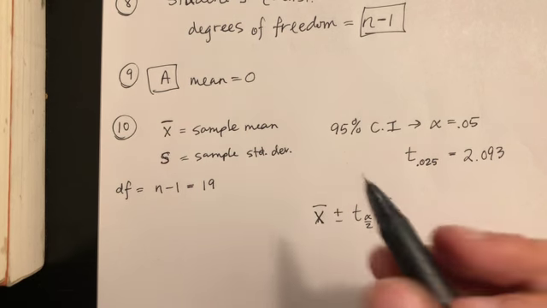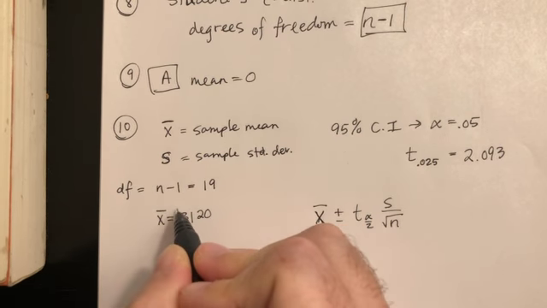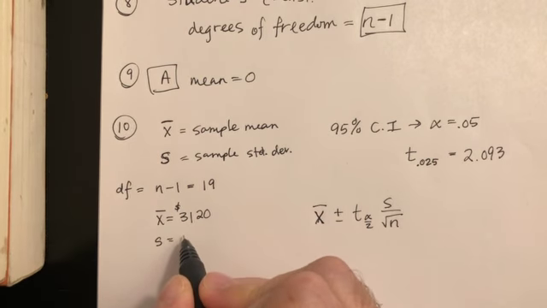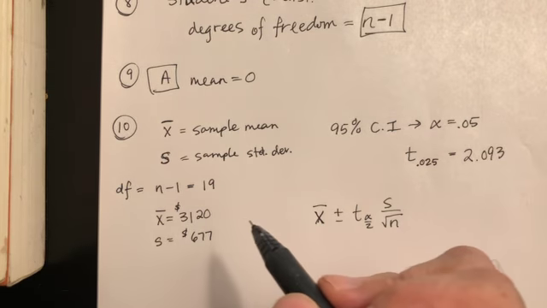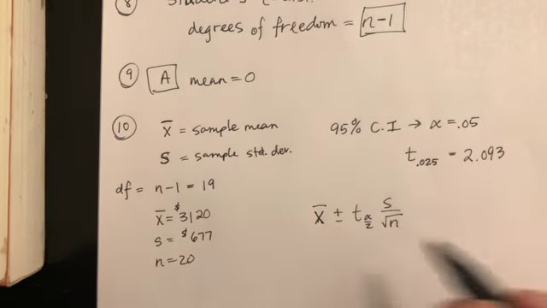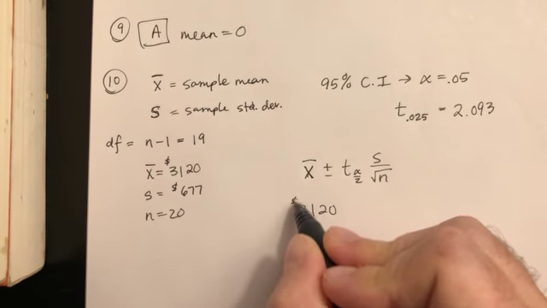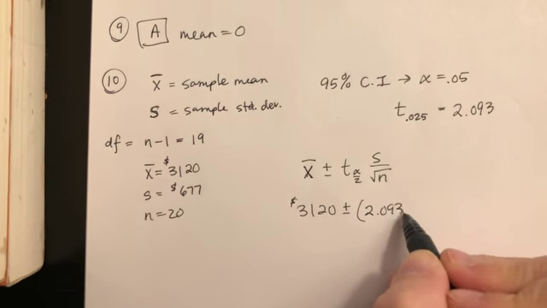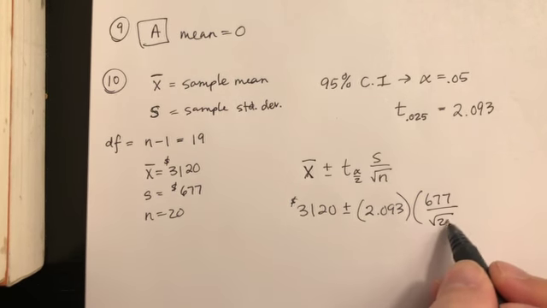The mean x bar is $3,120, the standard deviation s is 677, and n is 20. Plugging all that in, I get 3,120 plus or minus 2.093 times 677 over the square root of 20.